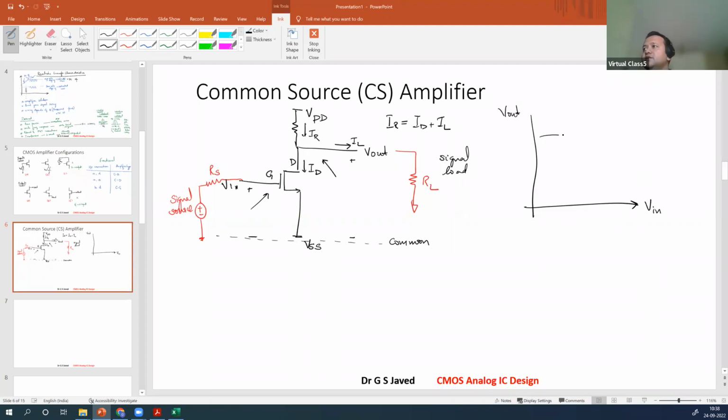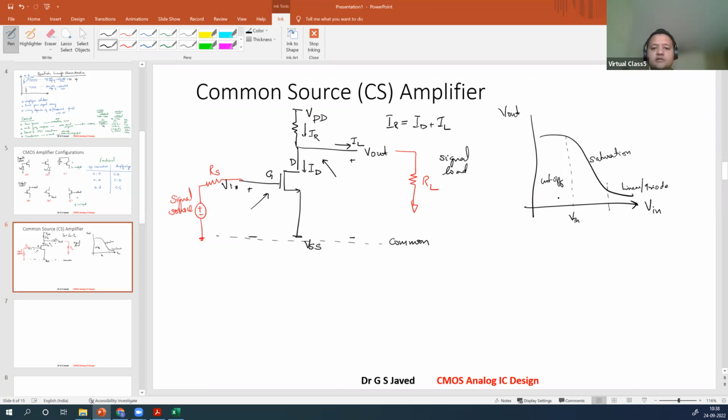And we have seen that this characteristic is like this, where this is going to be your threshold voltage VT in the cutoff region, right? Then the input will come here, where this is going to be the linear or triode region. This is your saturation region of biasing. Okay, clear?